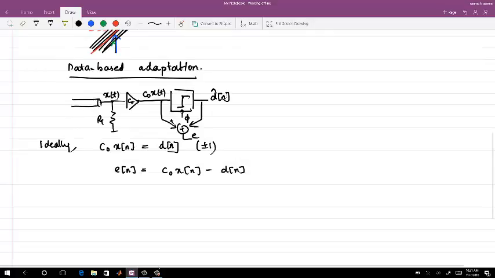Now the thing is, I need to change C naught x such that this error is minimized, right? And you know that my transmit bits are both plus and minus 1.